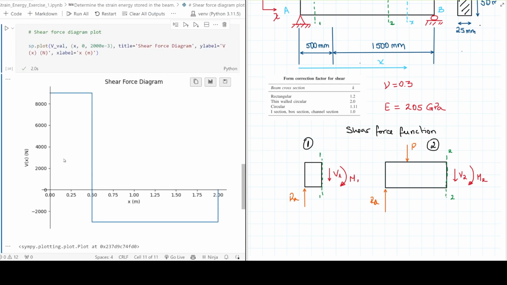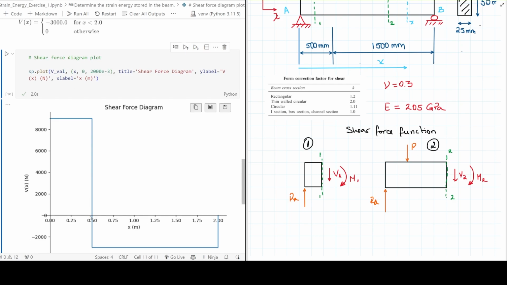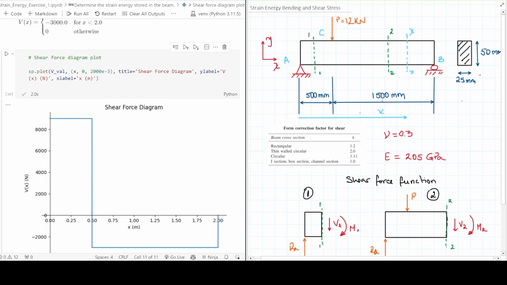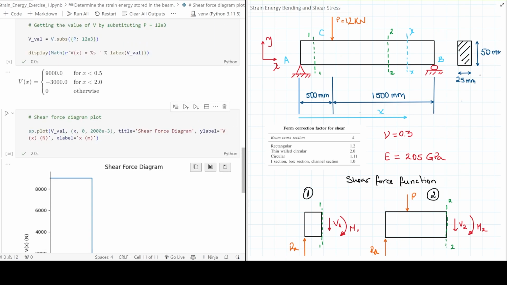There it is. That's exactly the representation of this. So less than 0.5 meter we have now in the thousands of newtons positive, and then from 0.5 to 2, which is this one here, we have how much? 3,000, minus 3,000 newtons. Oh, this is nice. We're using Python to give us all of these right away. Awesome.